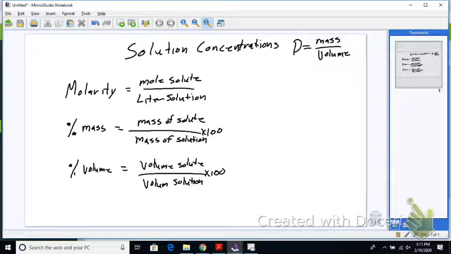Okay, we've got mole fraction. A mole fraction is moles of solute over total moles.